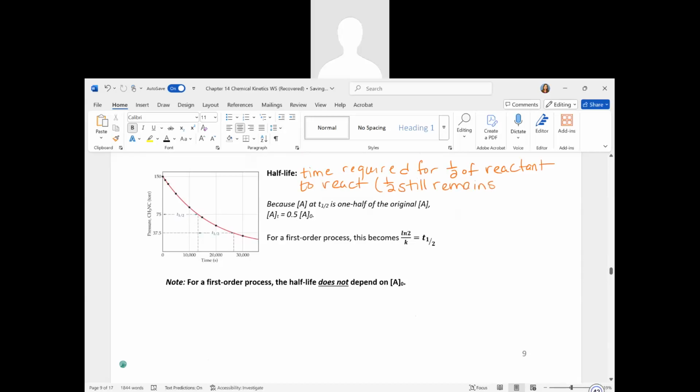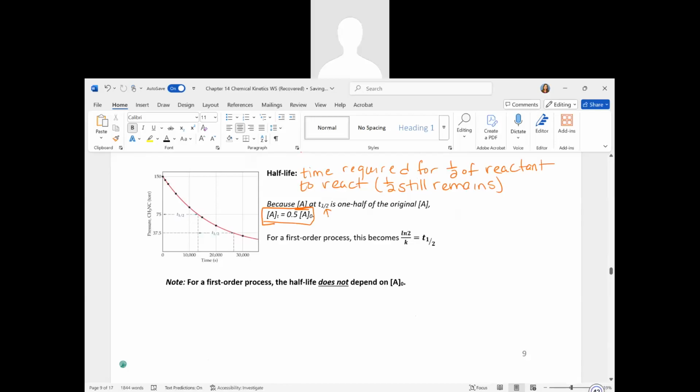So this is our half-life definition, and we know that the concentration of A at t 1/2 will be half the initial concentration.